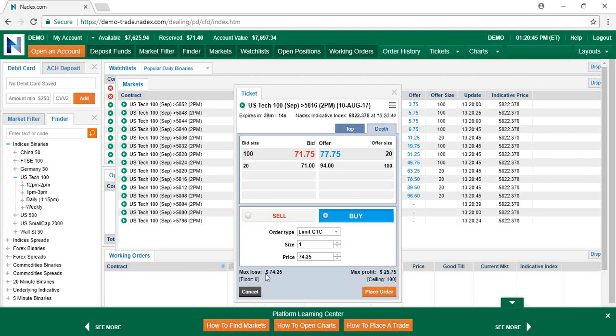Okay. But what I like is the fact that there's about a 75% probability of this expiring in the money, right? So what if I could only risk $25 to make $25? That's what we call a one-to-one risk-reward ratio, right? Can I risk 25 in order to make 25?